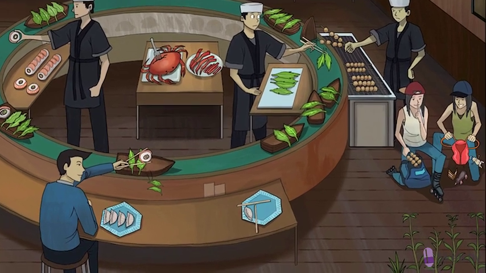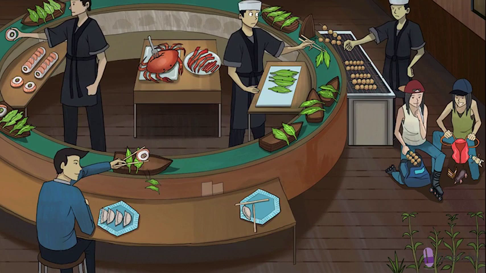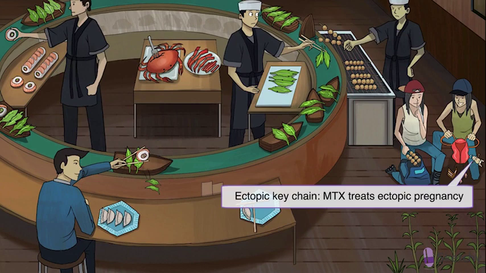See that little baby keychain clinging onto the outside of that uterus? It's just like an ectopically implanted embryo. Aberrant fertilization events can also lead to gestational trophoblastic neoplasias, including trophoblastic tumors, choriocarcinoma, and invasive molar pregnancy.